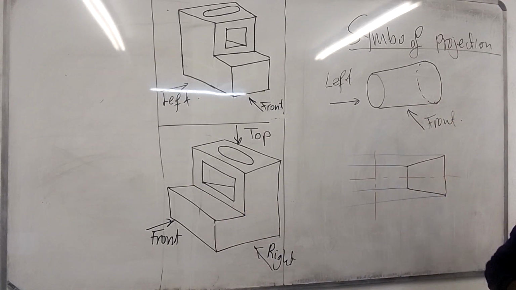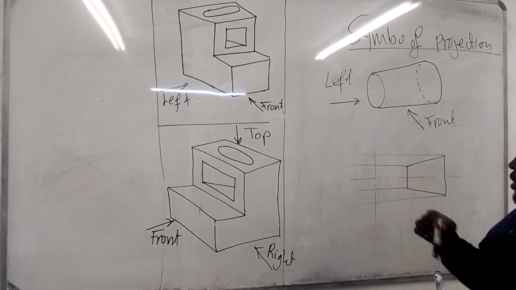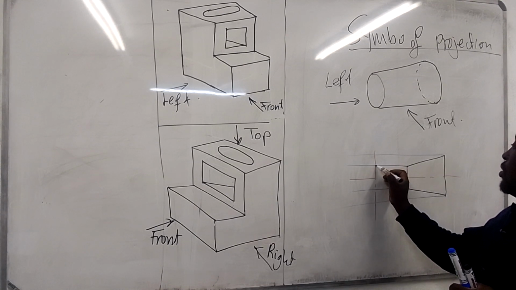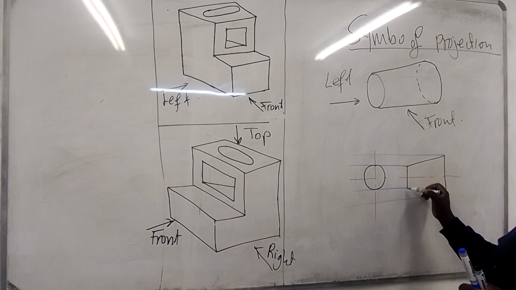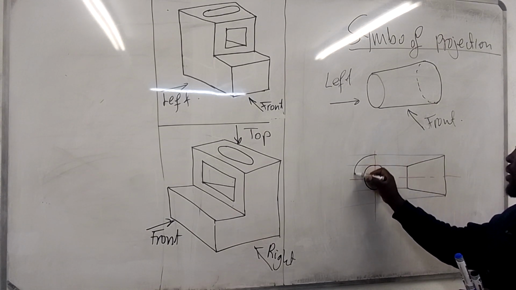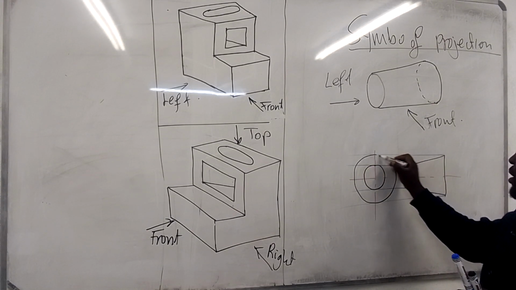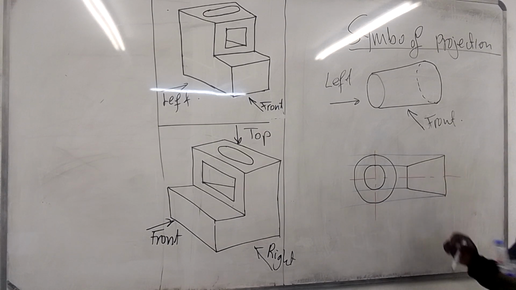This color I've used, the one I'm tracing, is projection. That is for the big circle.